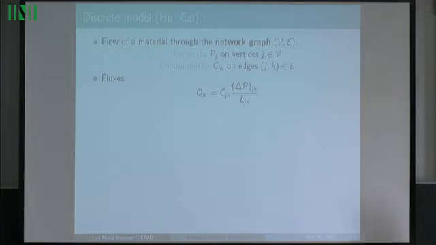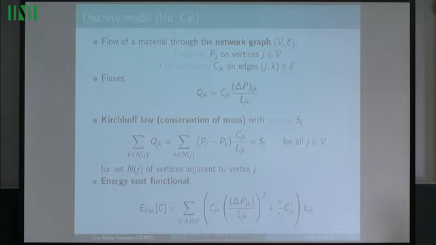To see how much is actually transported along the different vessels, we consider the flow rate, denoted by Q, as the product of the conductivities and the pressures. Since we are interested in the evolution over time, it's quite useful to consider some type of ODE or PDE system in the continuum case.